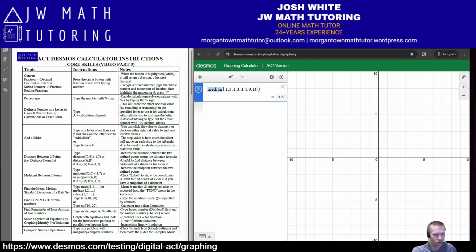And then you could also do standard deviation. Note, for standard deviation, I believe you should use STDEVP, standard deviation of a population. At least that's the version that the SAT has used in their problems. We were actually calculating standard deviation as compared to this. This is standard deviation of a sample. I believe you want to use standard deviation of a population.